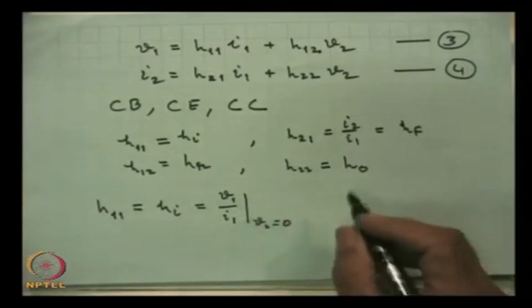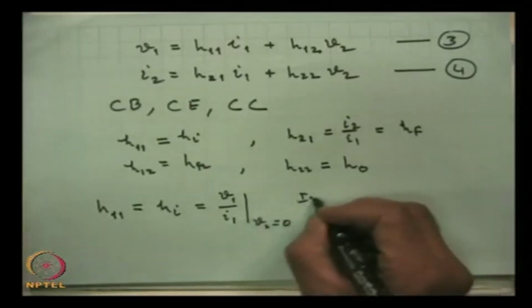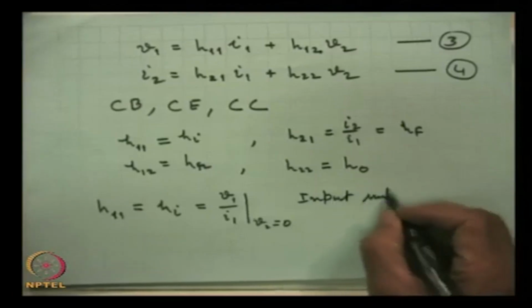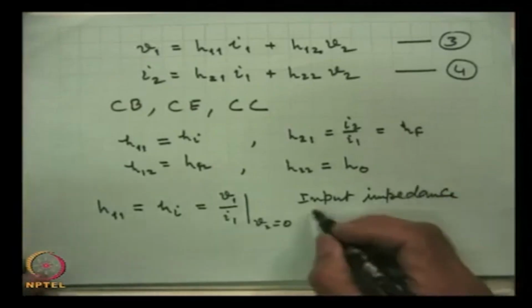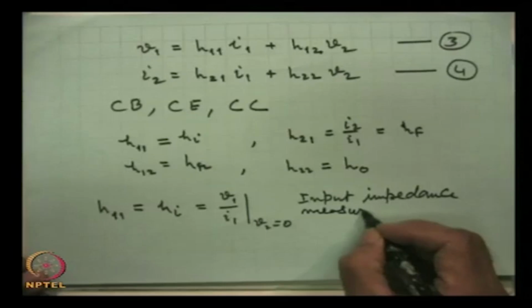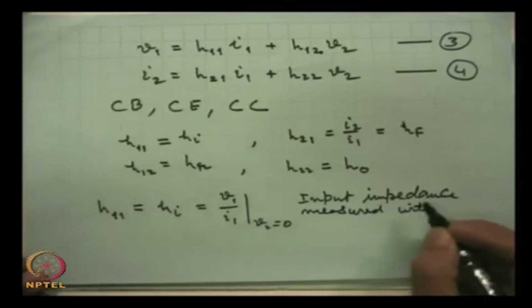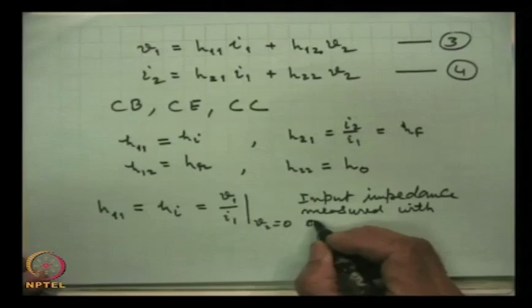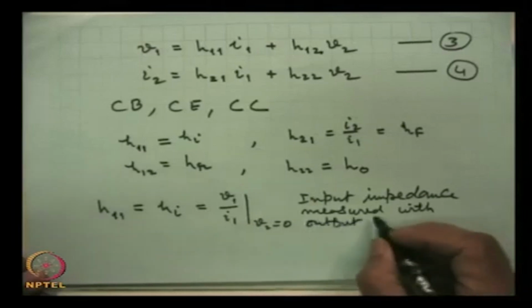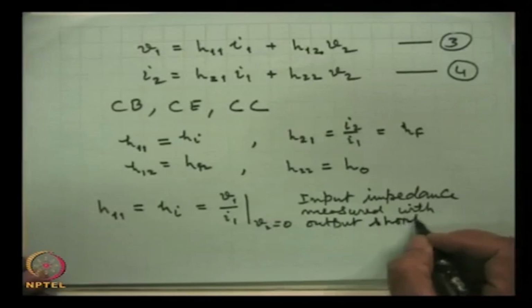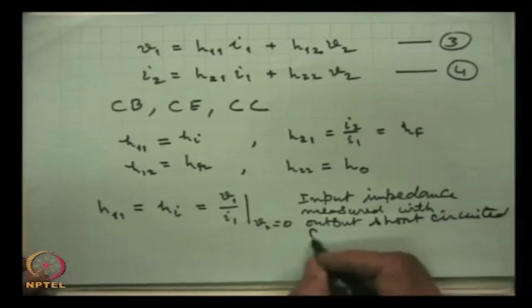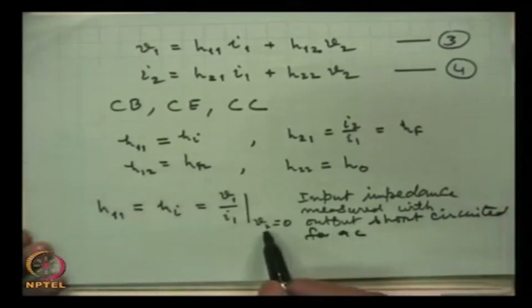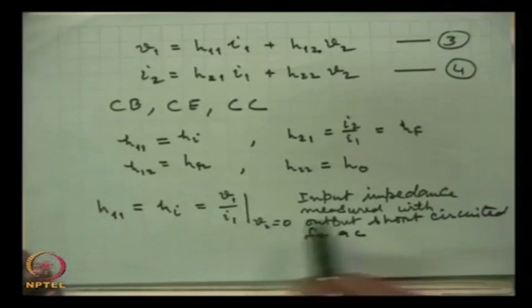So I write in full, this is input impedance measured with output shorted or short circuited for AC. V2 will be 0 only when this output is short circuited for AC.